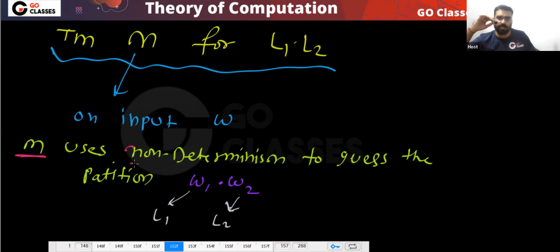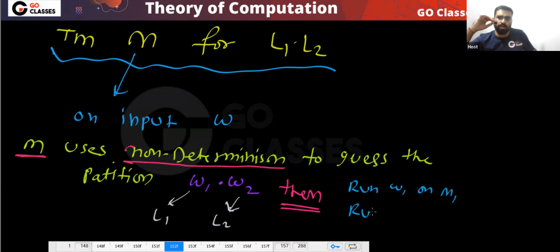We have already seen non-determinism in pushdown automata, how to use it. Yes or no? So your Turing machine M can use non-determinism to guess the partition. Then what will it do? Very simple: run W1 on M1, and run W2 on M2.